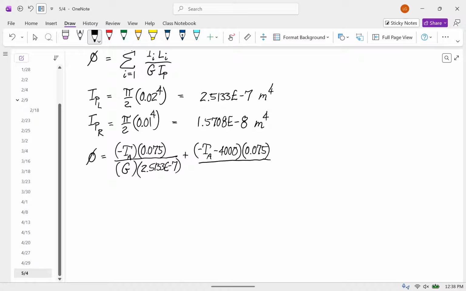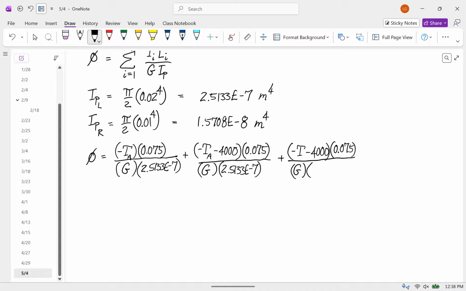And then we're dividing by G times the polar moment of inertia from the fatter section. And then we go to the third piece. That still has the same internal torque. So negative TA minus 4,000. And the length of this piece is 0.075 divided by G. But then this time we have the polar moment of inertia for the thinner piece.